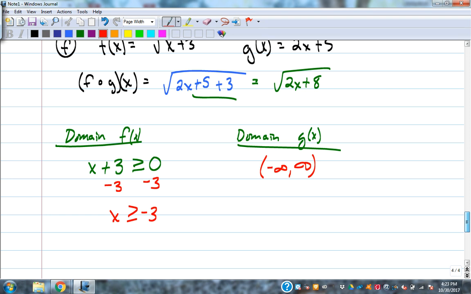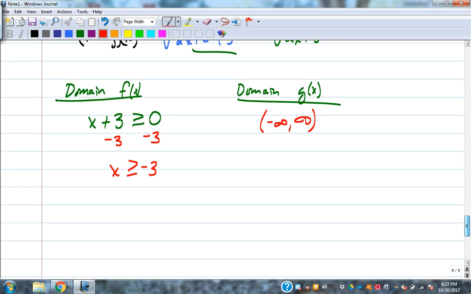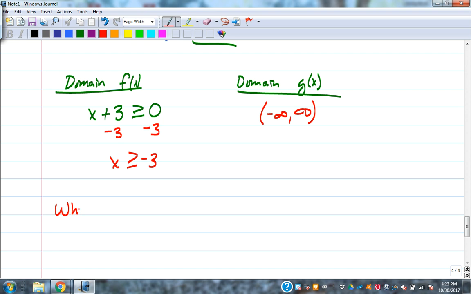When is it greater than or equal to negative 3? So when is g of x greater than or equal to negative 3? And that's coming from this. That's where that's coming from. So you set that up, 2x plus 5 greater than or equal to negative 3. Okay.